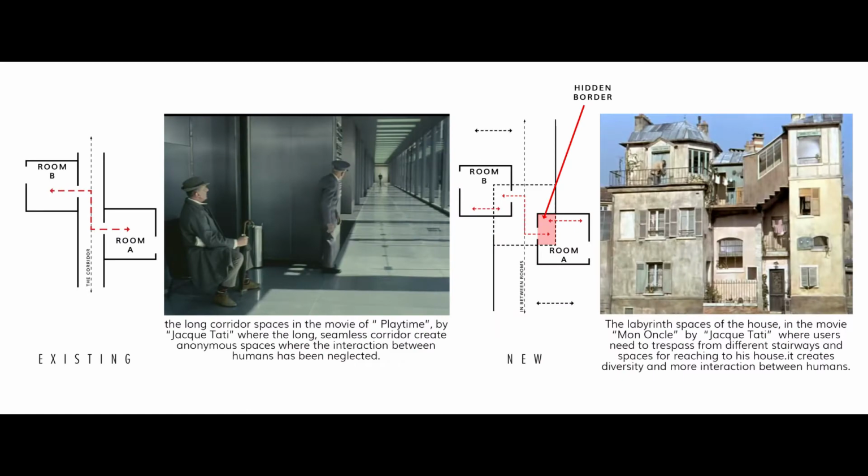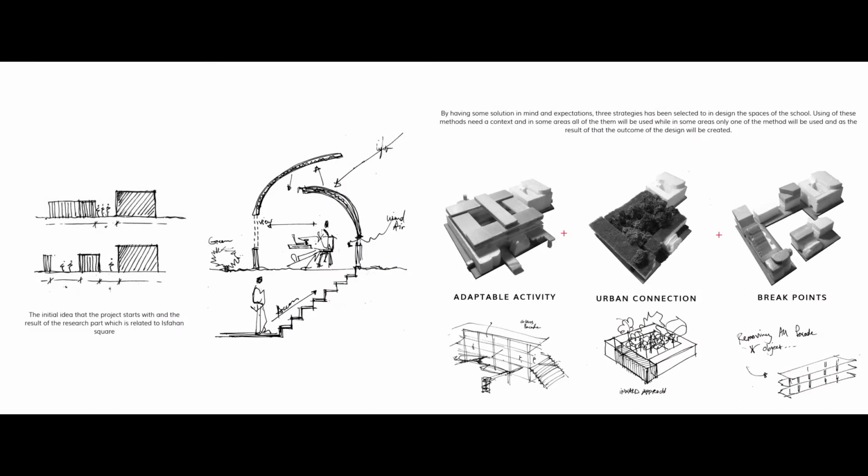I said when one wants to go from room A to room B, in the existing situation there is a corridor in between which makes a boring movement, but in the new situation I put a new room in between these two rooms, so suddenly hidden borders are created, which gives diversity and interesting spaces to the area of the school.